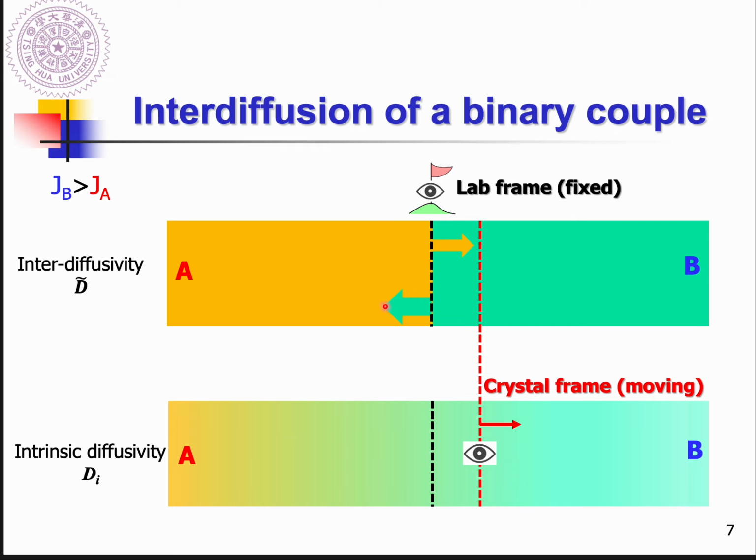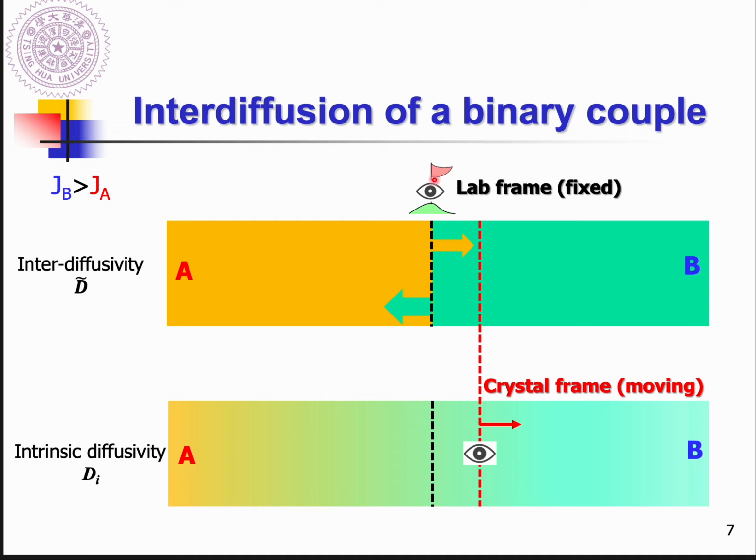Sorry, there is more B moving to the left-hand side, and this B is going to push this interface toward the right-hand side. So when you stand outside, in the lab, you can observe the interface move, right?